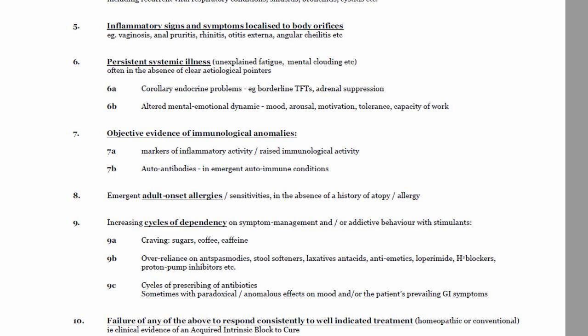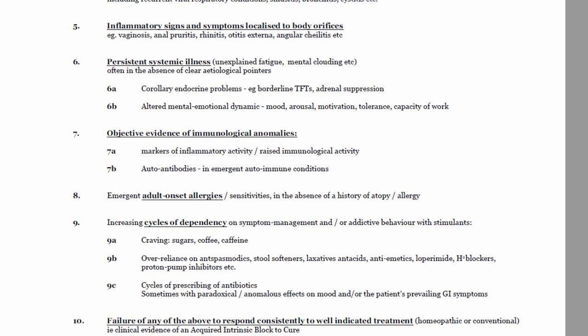You will never find all the indications in a case for the bowel nosode. It'll be a cluster of 2 or 3 of these things. It'll be an etiology, an infection, an adult onset allergy, a systemic disturbance, something, but it'll never be all of these things.